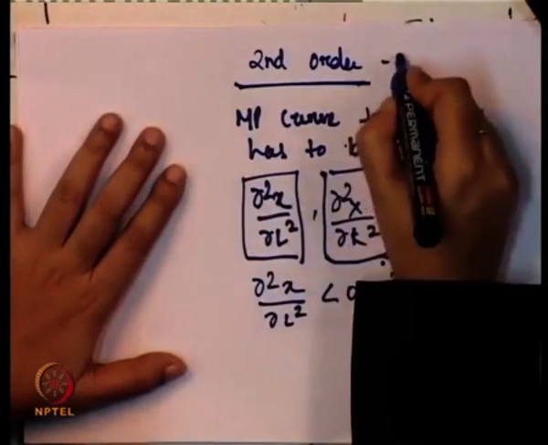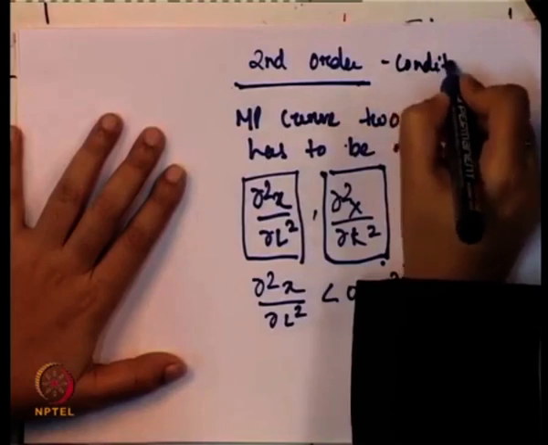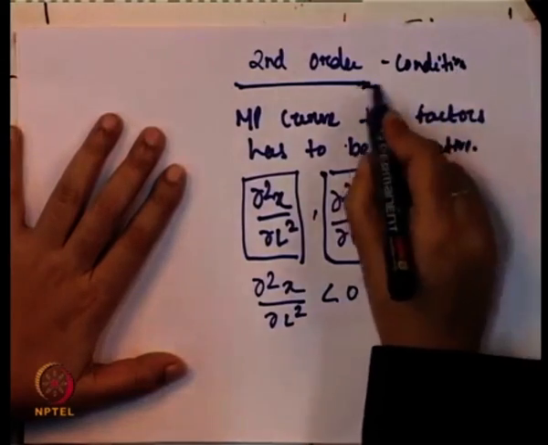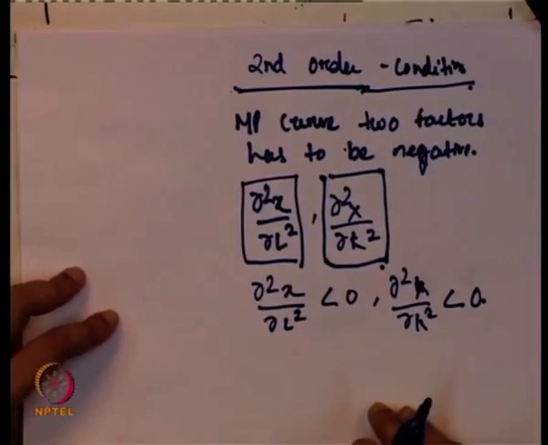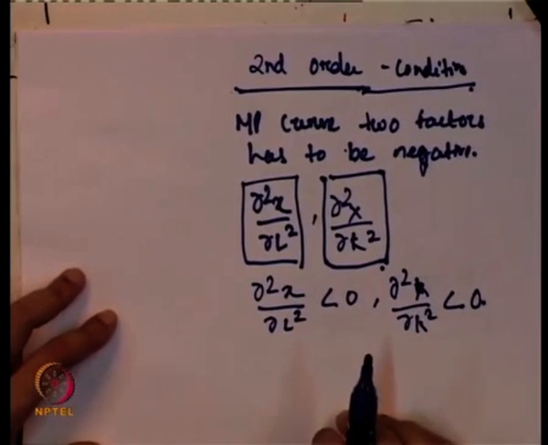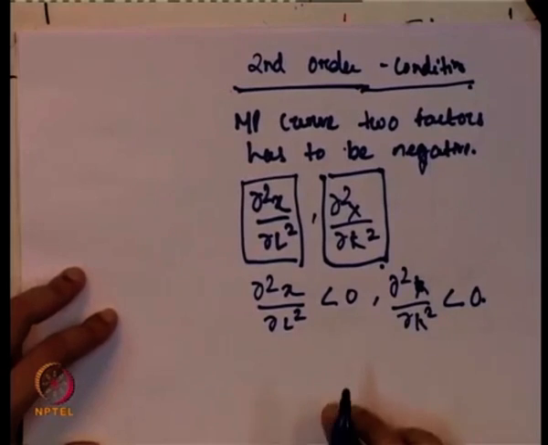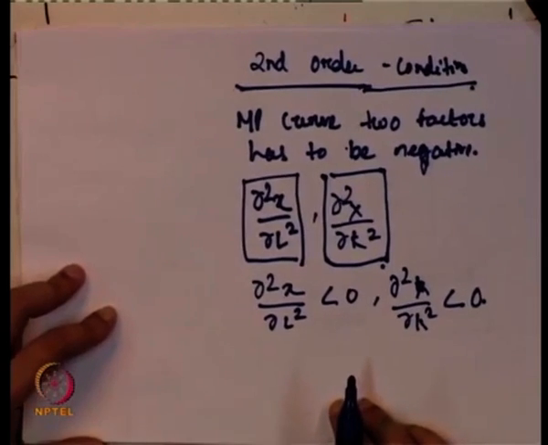So, second order condition for the least input combination requires the marginal product curve for both the factors, that is capital and labor, to be negative. How will we find out that the marginal product curve for both the factors is negative?